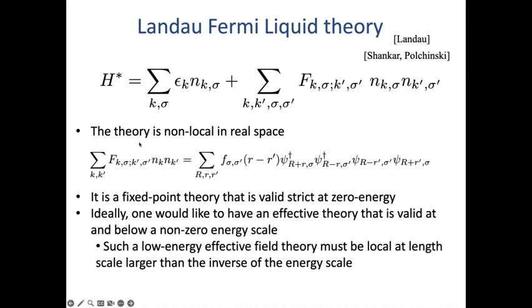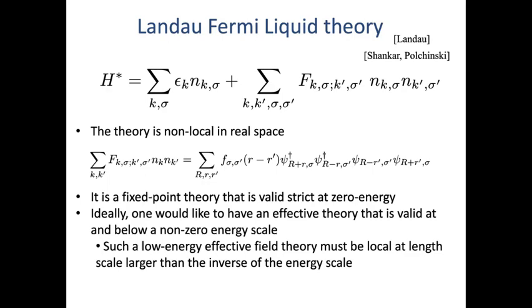However, this theory, as it is written, is non-local in real space because this interaction involves only two momentum sums. If you write it in real space, it represents an interaction between two fermions that are arbitrarily far from each other as long as their center of mass position is preserved.